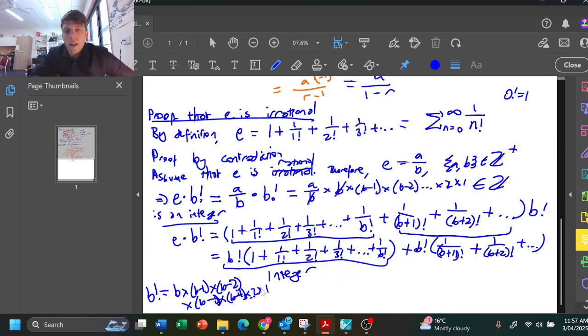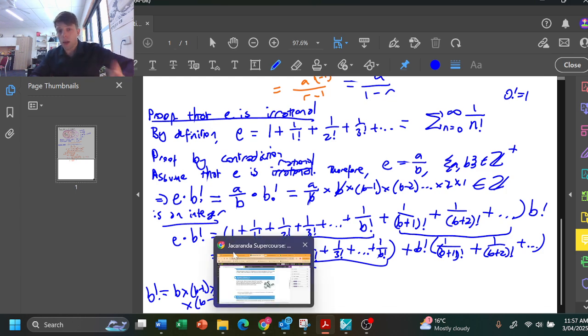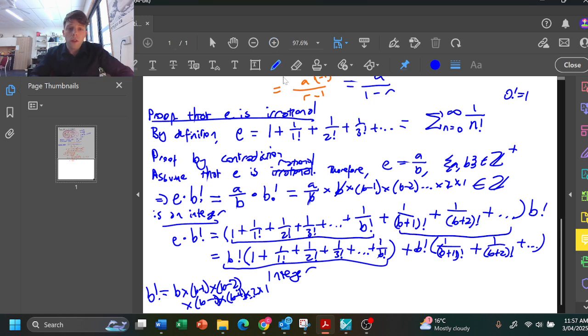So for example, 5 factorial is 5 times 4 times 3 times 2 times 1. You're going to notice that all of those smaller factorials actually appear within that expansion. So for example, if I was interested in 7 factorial, that's 7 times 6 times 5 times 4 times 3 times 2 times 1. And right here, that's 5 factorial. So I can actually write this as 7 times 6 times 5 factorial.